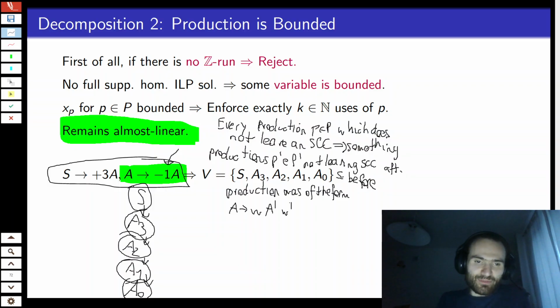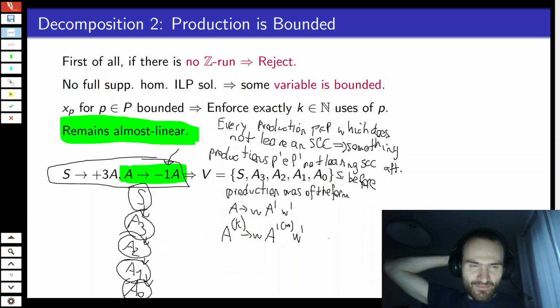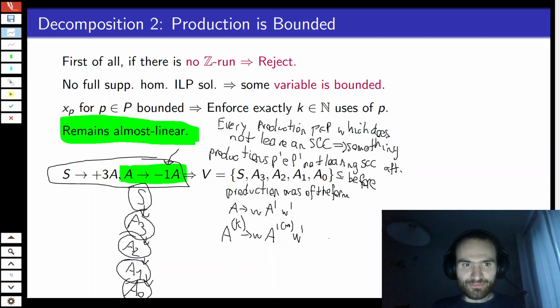And this type of shape is just preserved, so the production is still of this shape, but now it will be written something like A K goes to W A prime M something. But still this is almost linear. So almost linear was preserved.